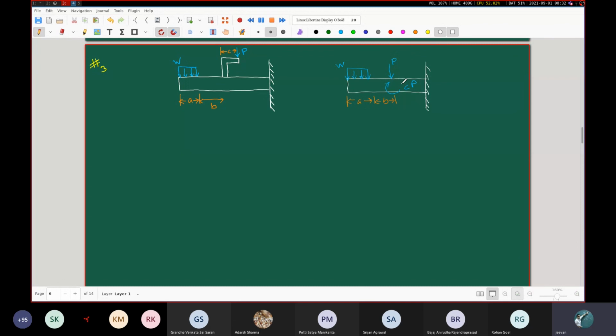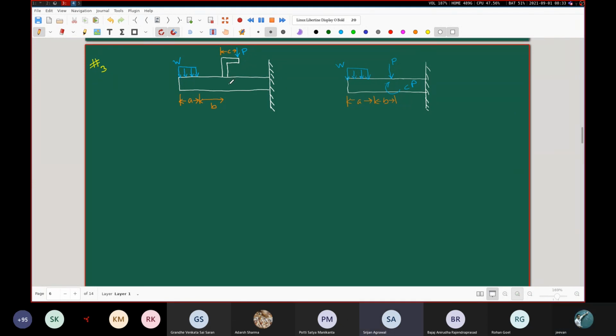Now we are trying to solve this. Had this part been extremely small and negligible, it would have made some sense to completely neglect its structure and take just the application of this force. But in this kind of situation, we cannot really neglect that.